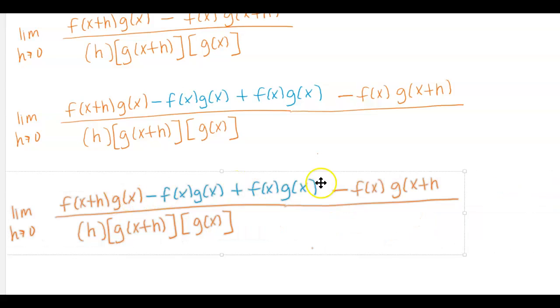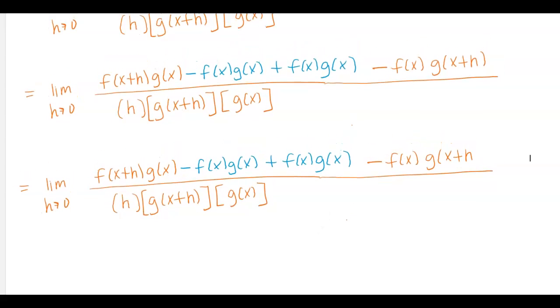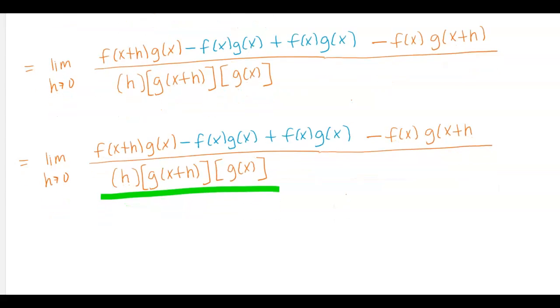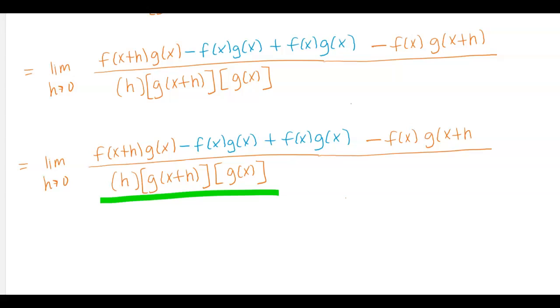Bring it over here. Okay. First thing I'm going to do is sort of separate the h's and separate this whole denominator. I'm going to erase this for a minute.